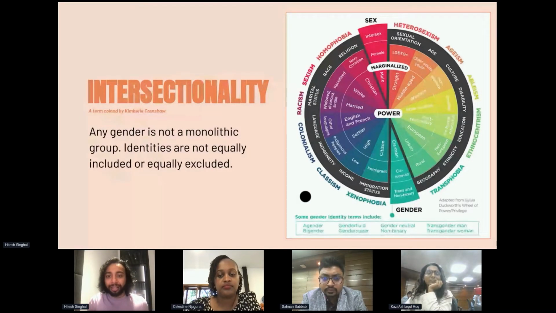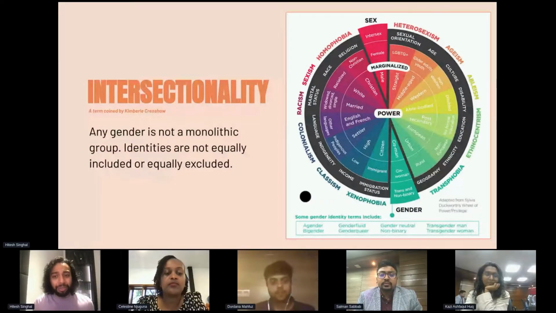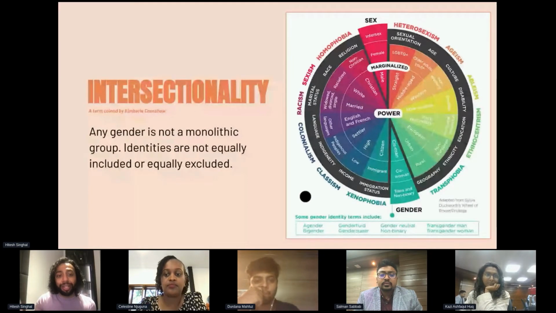When the playing field is not equal, it's really difficult for someone from that marginalized set of groups to actually rise. So how do we expect groups to say, oh, everyone is equal, when actually people aren't really equal? This diagram does a great job of showing where the power lies and who does not have power.